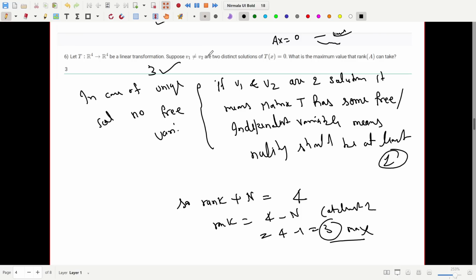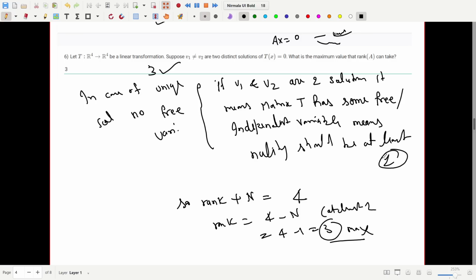It means the matrix has at least one free variable. If a free or independent variable is there, then its nullity should be at least 1.